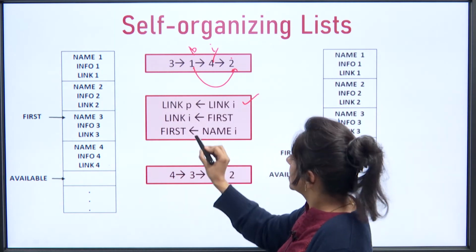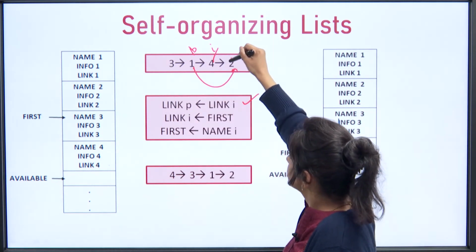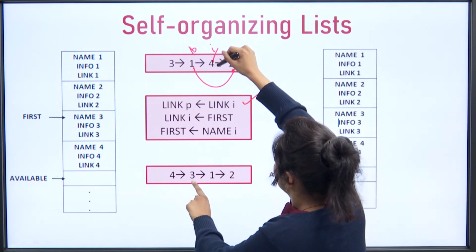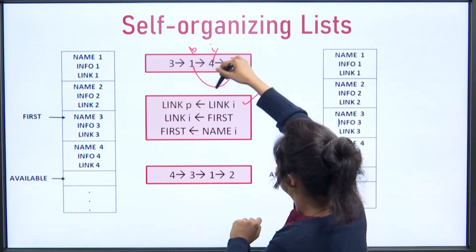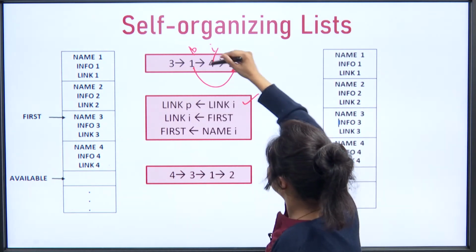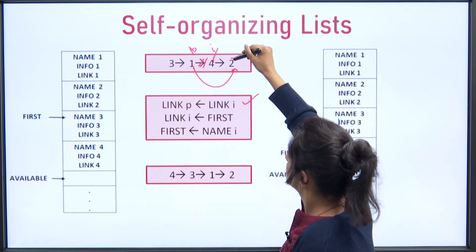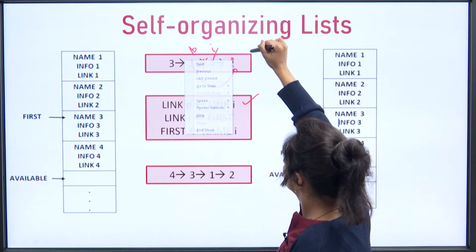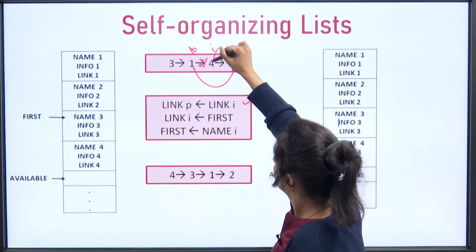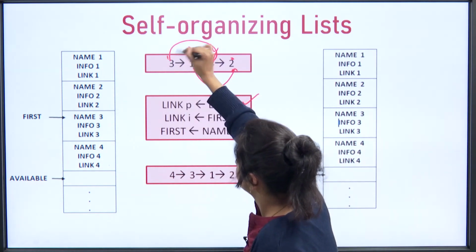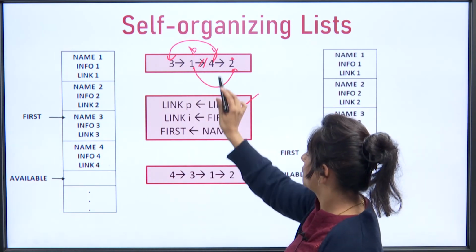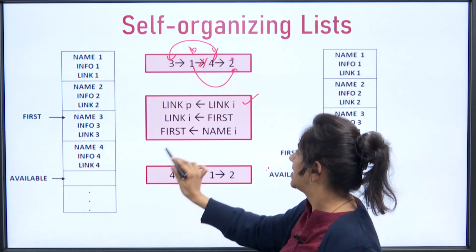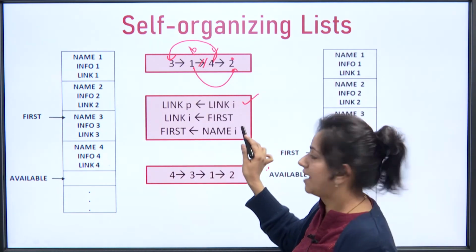Now 3 will be given to link of I. Link of I is this particular node. So this is 4, and then 4, 1, 2, and because we have updated this, this will be removed. So the pointer will now point from 4 to 3, it will be like this. So this is I, and its link will point to first. Now first will be name of I, and what is name of I?